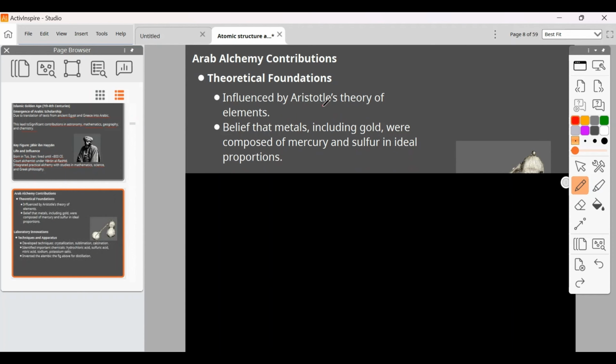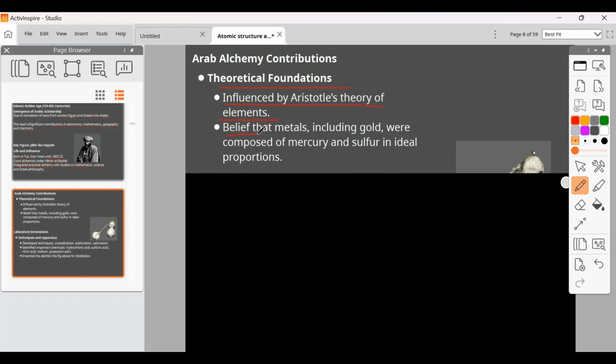So, the Arab alchemy contribution: the theoretical foundations. The Arab alchemists were influenced by Aristotle's theory of elements, the four elements: fire, air, and water.